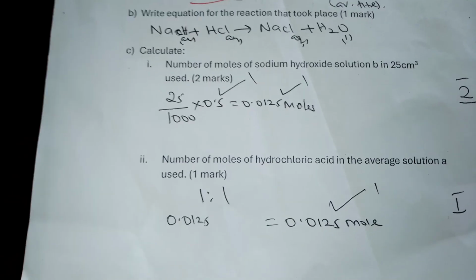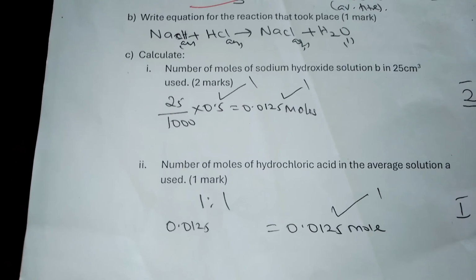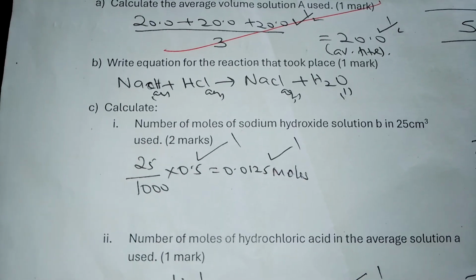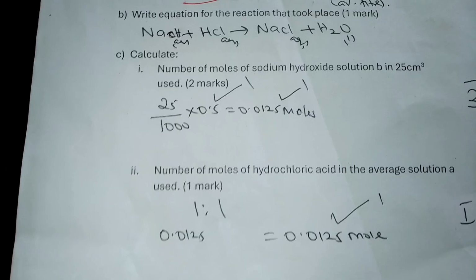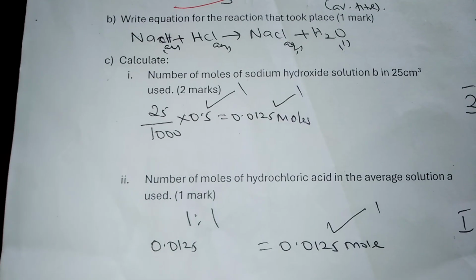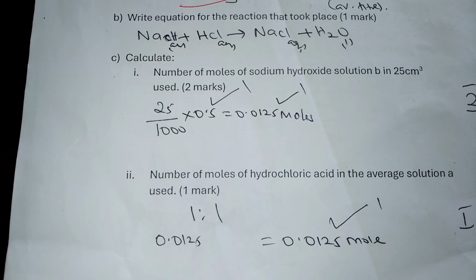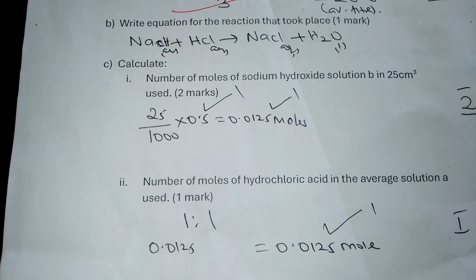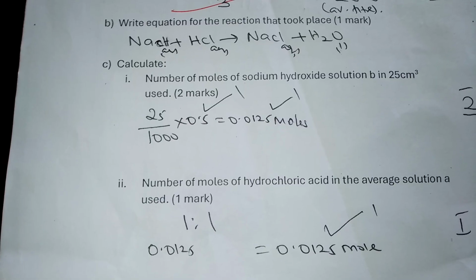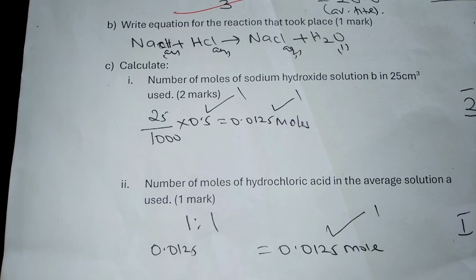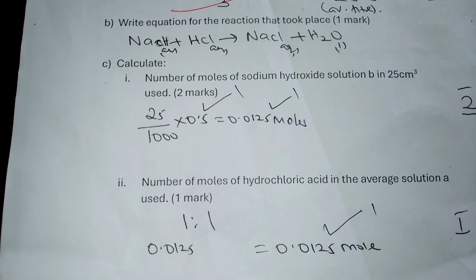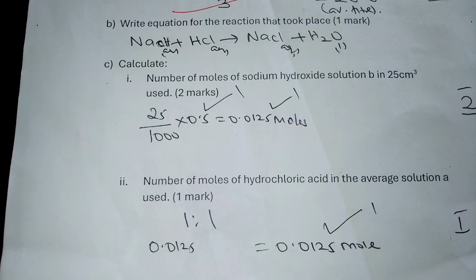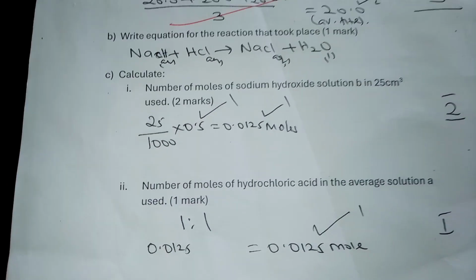Since the mole ratio was 1:1, because of that equation, the number of moles of sodium hydroxide was the same as the number of moles of hydrochloric acid, which was 0.0125 moles.